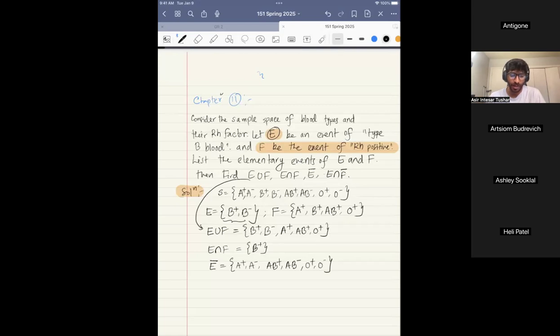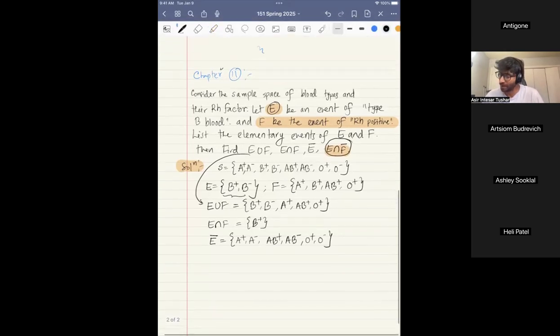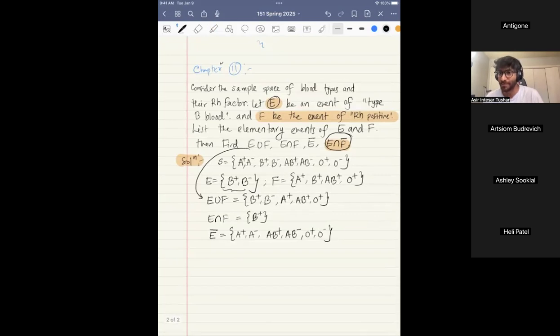Okay, so last thing we have to find is E intersection not F. For that, at first we need to find not F. Not F is, again, all the elements that are not in F, but in S, the whole sample space.